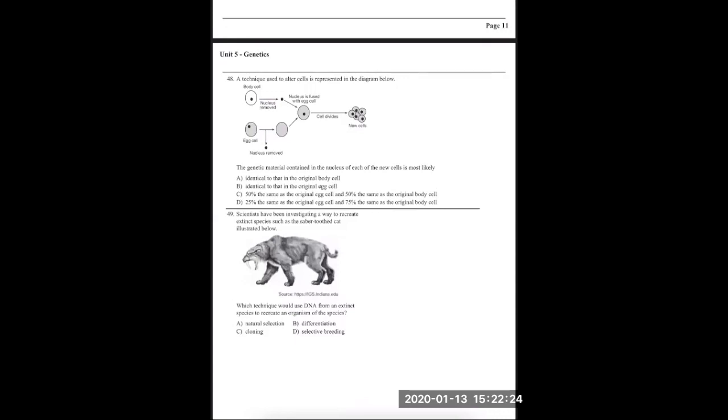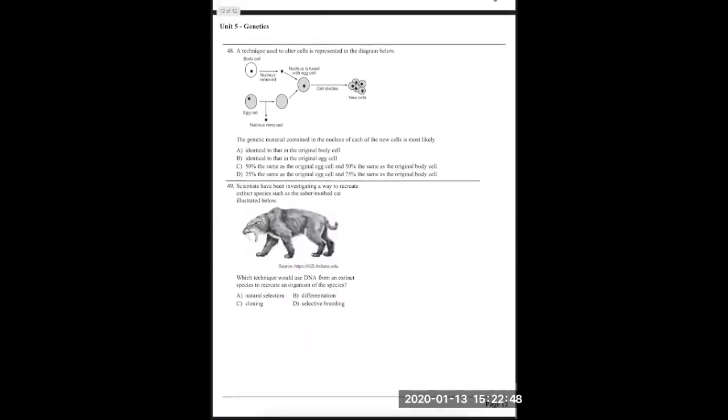Selective breeding. Well, my cat came from this cat, so that was already selective breeding, but I think in this case it's C. It's just cloning. If you want a saber-tooth tiger like that, then you definitely want to clone that. That would be it.